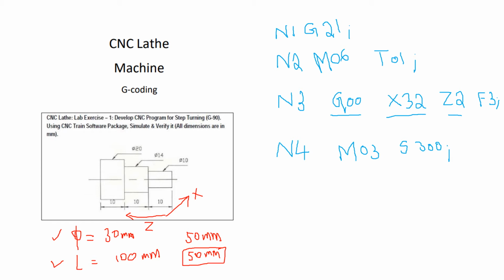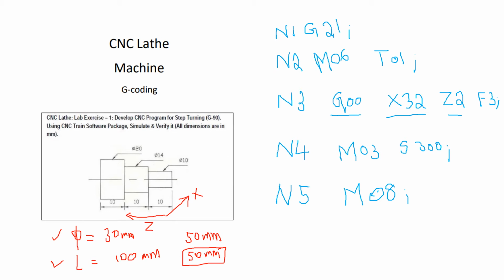Now you also have to specify the coolant. Our workpiece is aluminum, like I told you. Since our workpiece is aluminum, a metal, we will also call the coolant with the code M08.